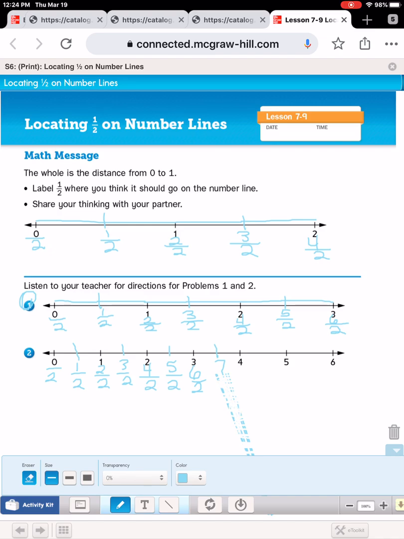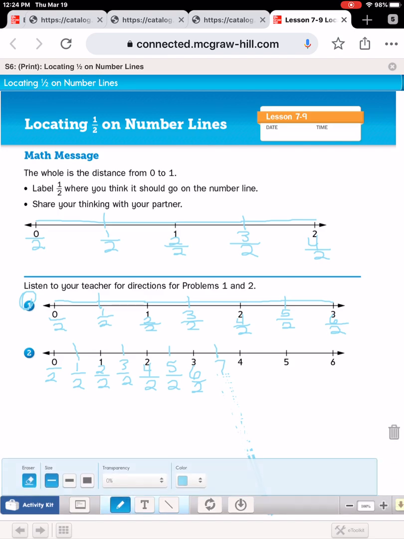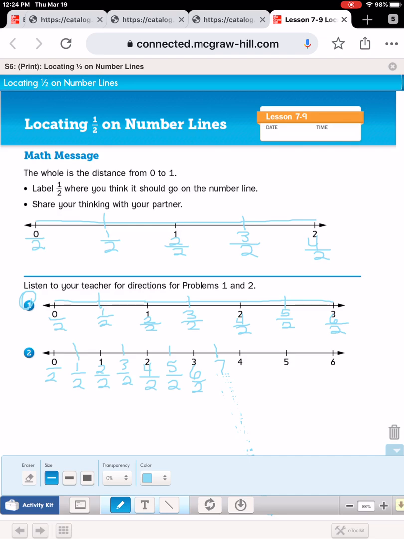You can keep labeling while I erase my weird marks. 7 halves, 8 halves, 9 halves, 10 halves, 11 halves, and 12 halves.